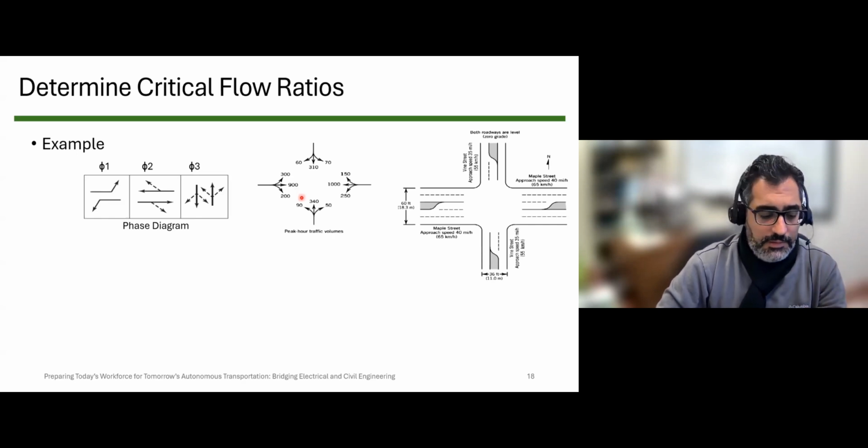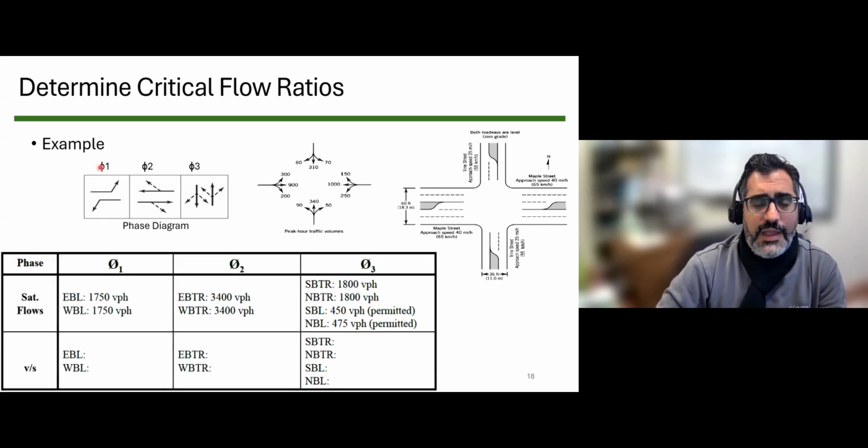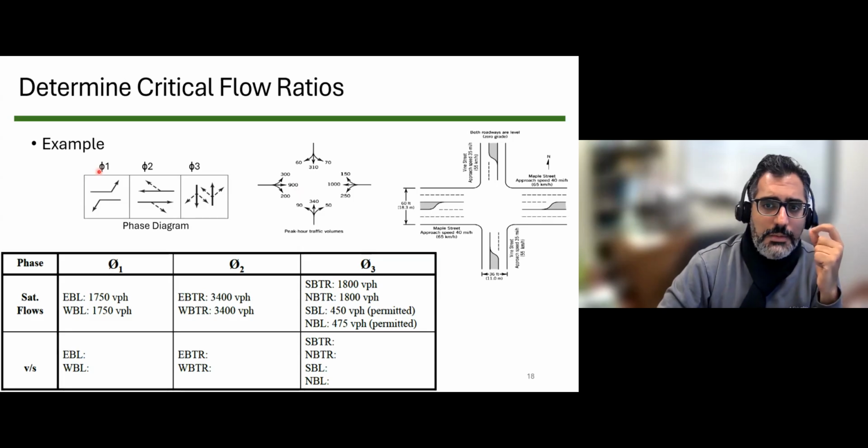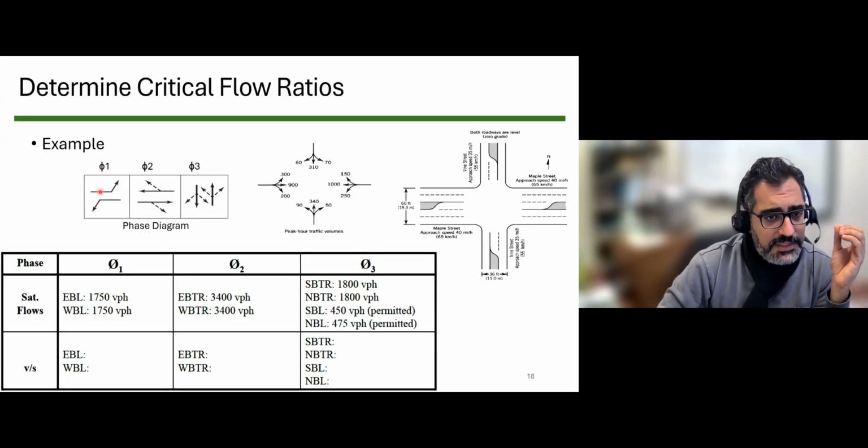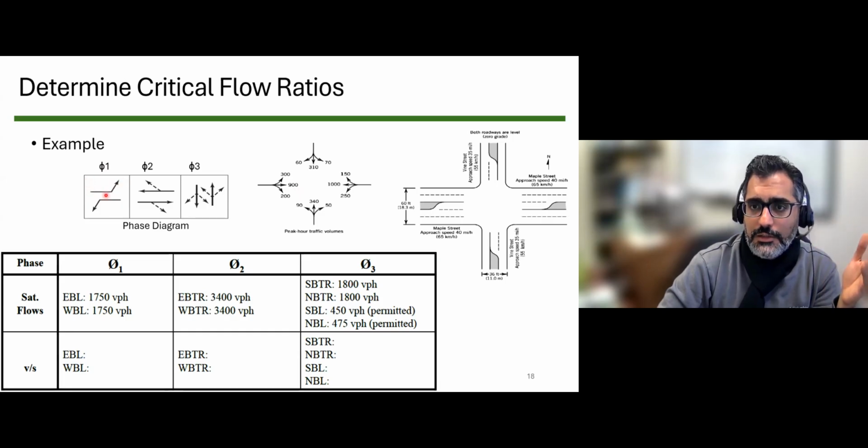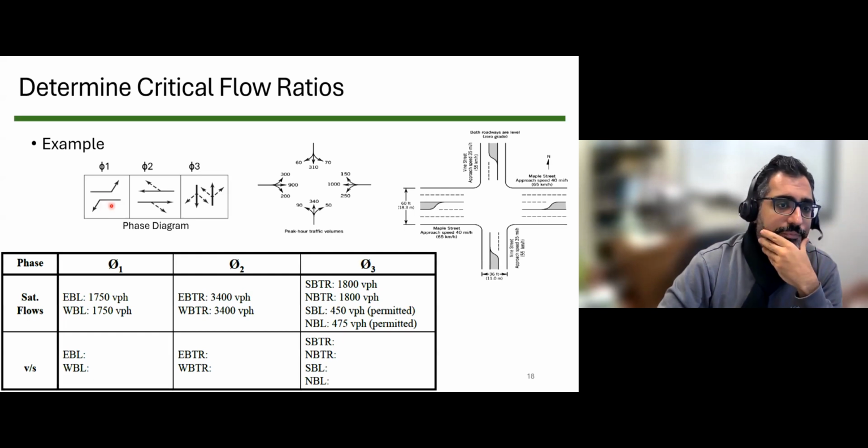But now for every phase, I want to figure out what the most critical movement is. Because if this left turn is the more critical one compared to the other one, and I have enough green time to accommodate this left turn, it means that automatically I also have enough green time to cover the other left turn.